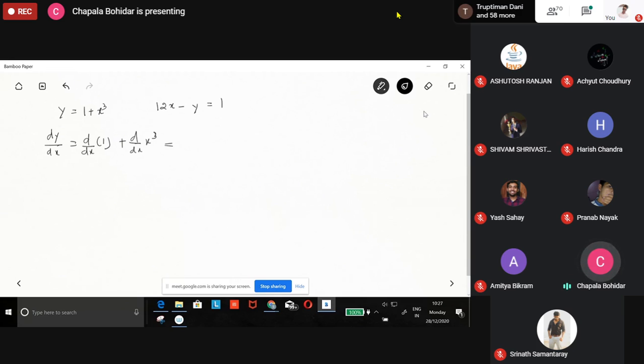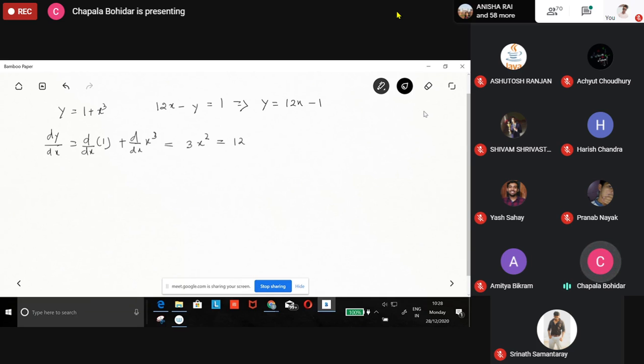We get 3x square is equal to 12. We can write 12x minus y is equal to 1 as y is equal to 12x minus 1.